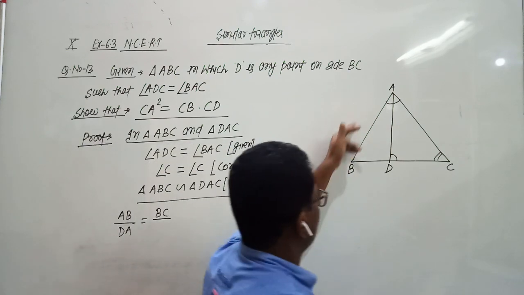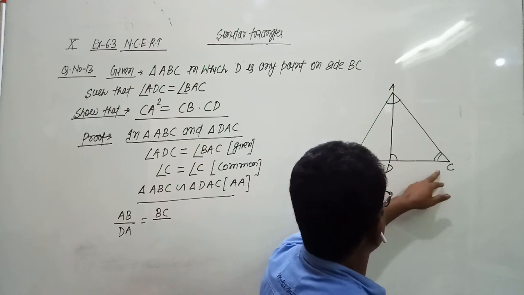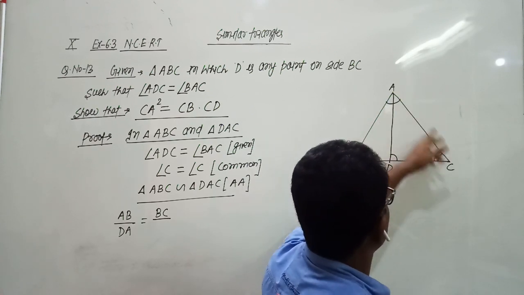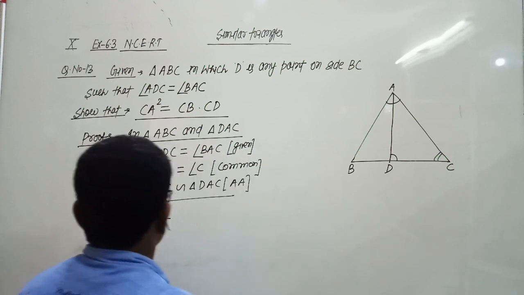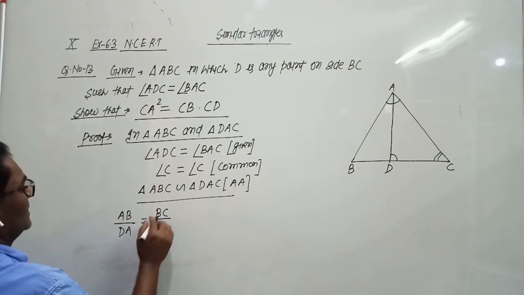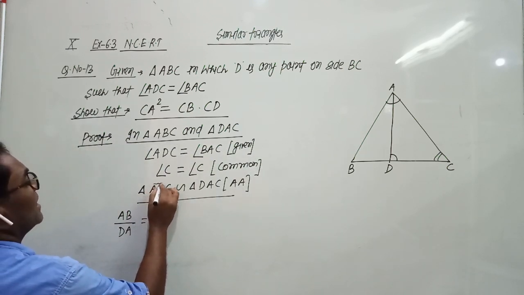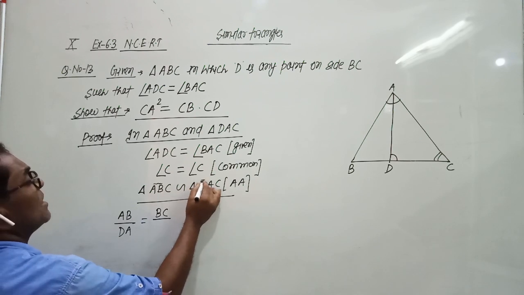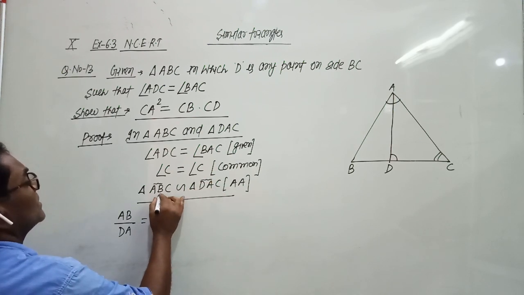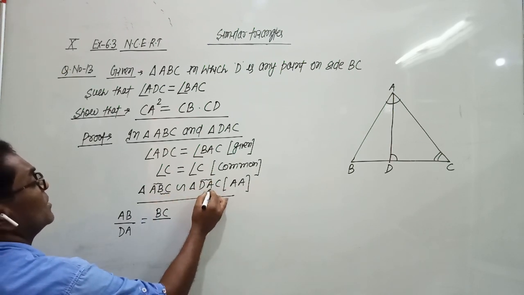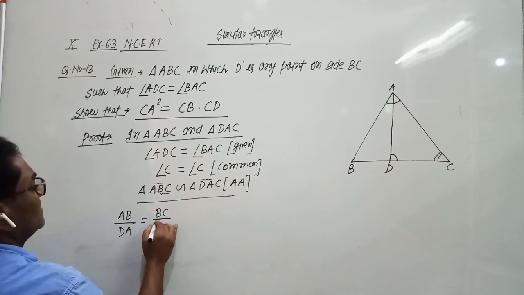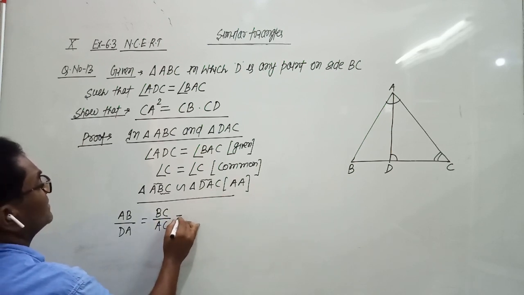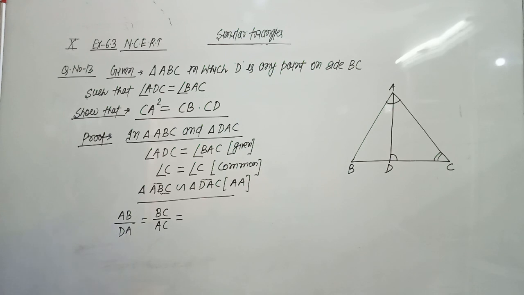So AB upon DA equals BC upon AC, and the third ratio is AC upon DC.